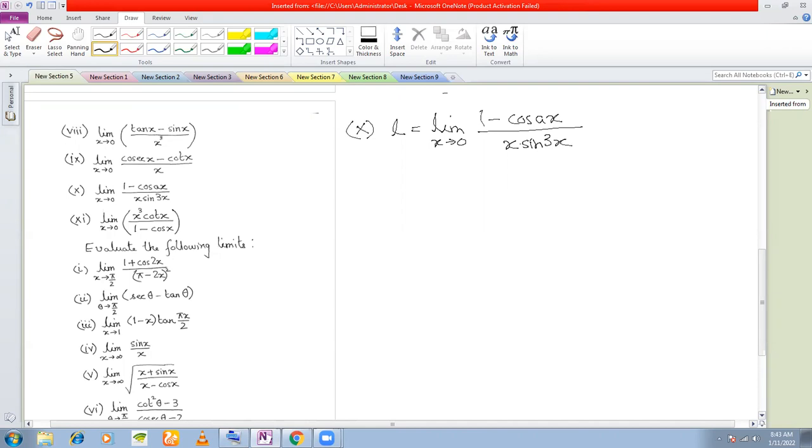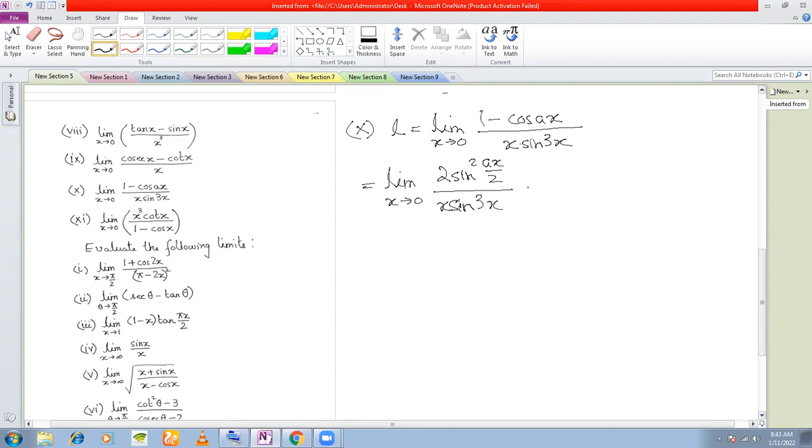Okay. Now here too, from multiple angle formula, 1 minus cos ax can be written as 2 sine square ax by 2, divided by, and in the denominator, we are going to keep x sine 3x as it is.